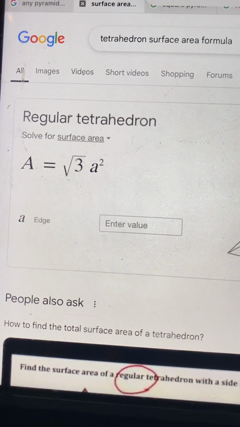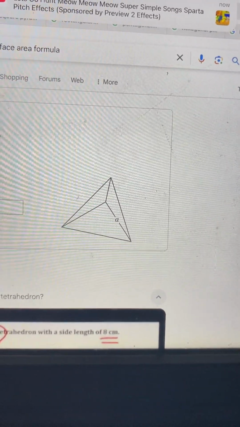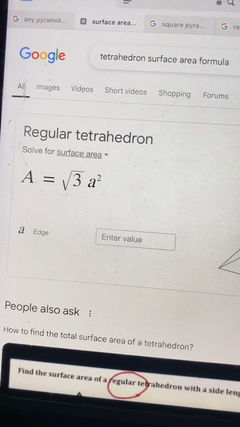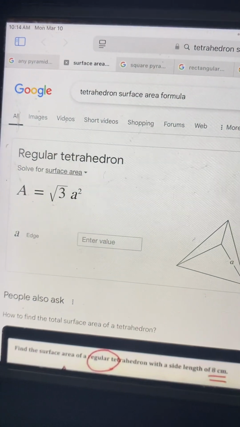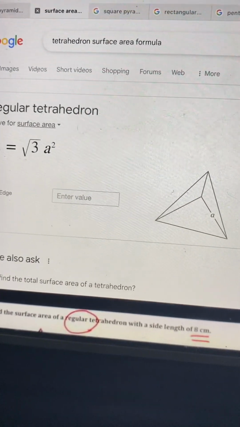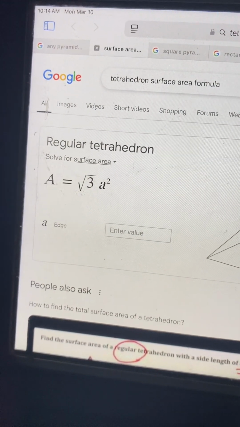Let's figure out how to find the surface area of a regular tetrahedron whose faces are all equilateral triangles. The surface area is the square root of 3 times a squared. Oh, kind of tricky, but I'll take it. Yes. So basically, for a tetrahedron, we just have to look at one edge and then square it and then multiply that by the square root of 3.